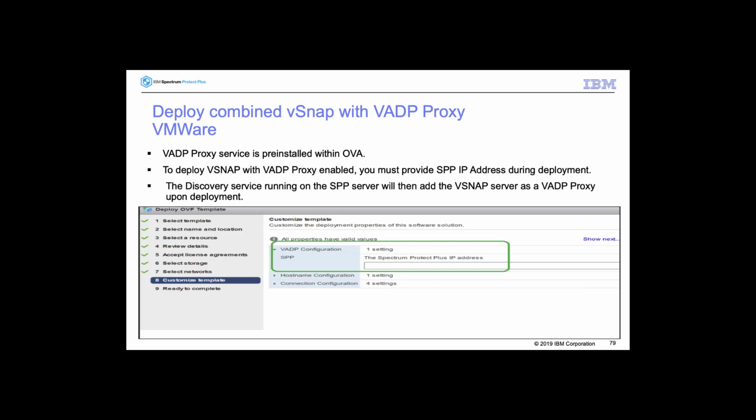We included the VADP proxy service in the OVA, that is the vSnap. When you deploy the vSnap, you will provide the SPP IP address during the deployment of the OVA. When that happens, the discovery service running on Spectrum Protect Plus will then add the vSnap server as a VADP proxy.